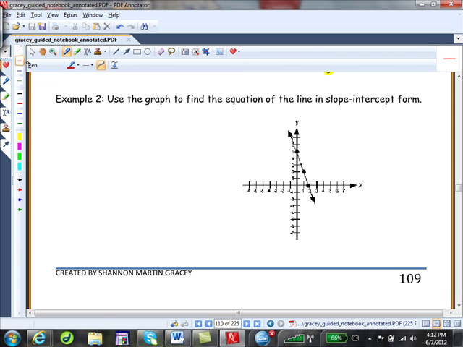I don't know if you remember, but remember how we said we went 1, 2, 3 down, and then we went 1 to the right? So 3 down and 1 to the right. So that would give us m equals -3/1, which is -3.